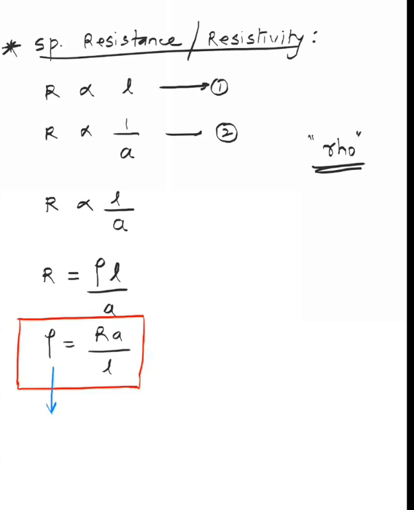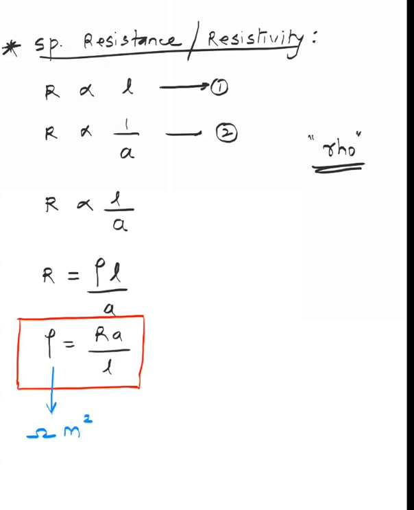So tell me, Advait, what is the unit of resistance first? Sir, ohm, no? Correct, ohm. Then unit of area will be what? Meter square.